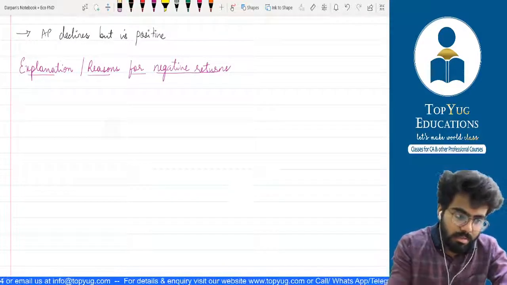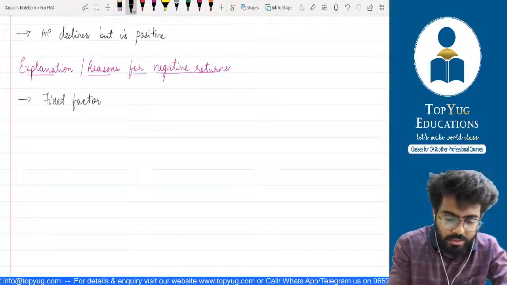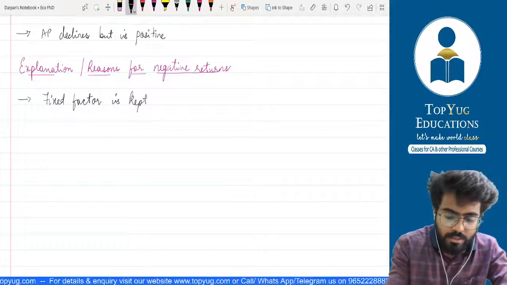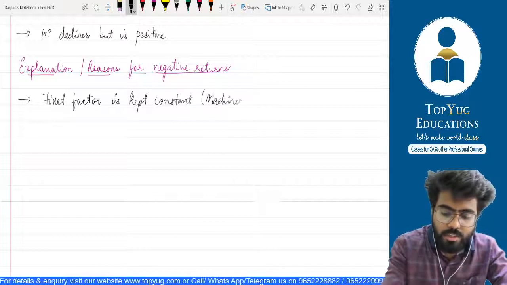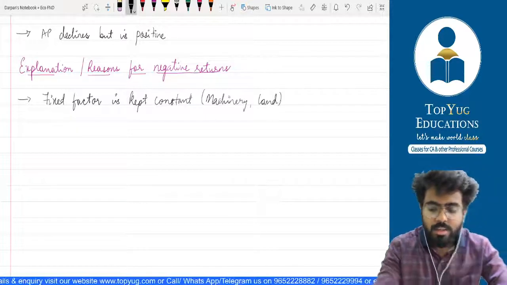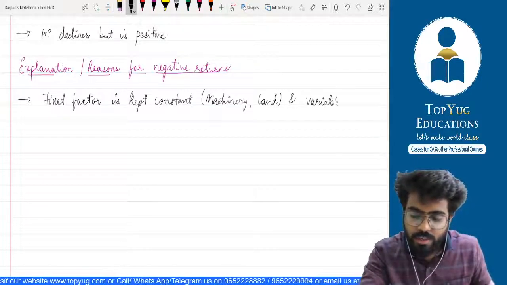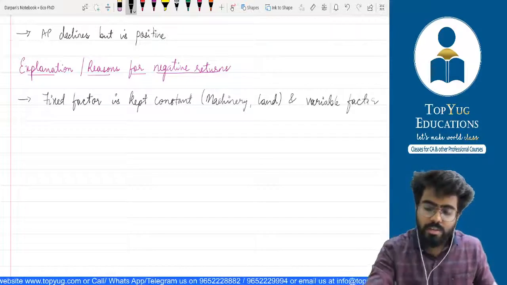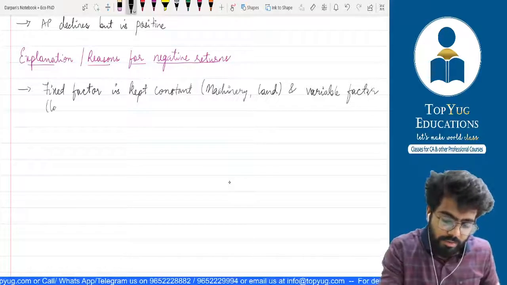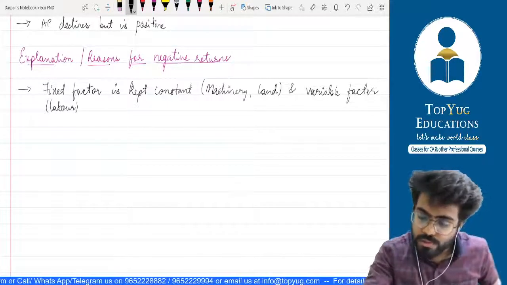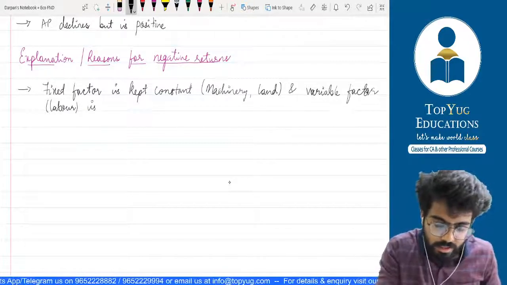First arrow: fixed factor is kept constant, in brackets machinery, comma, land, right? They are kept constant. And variable factor, in our example, labor, in brackets labor, is continuously increased.